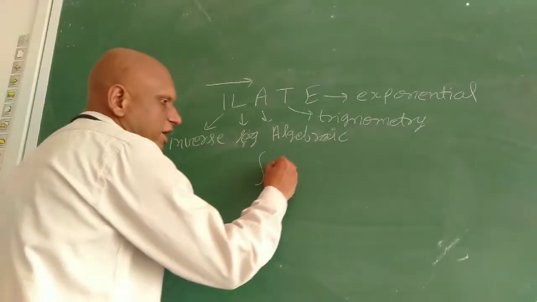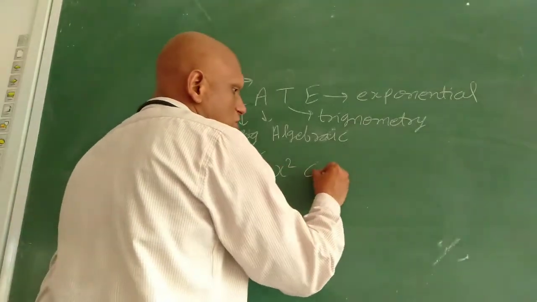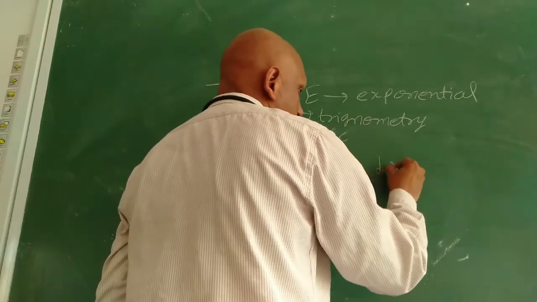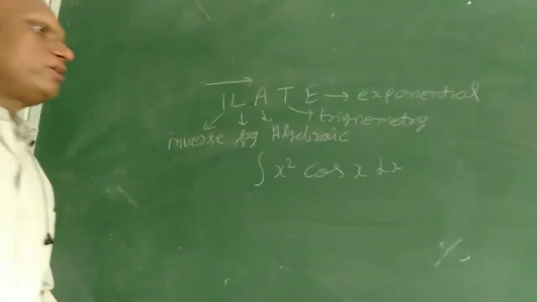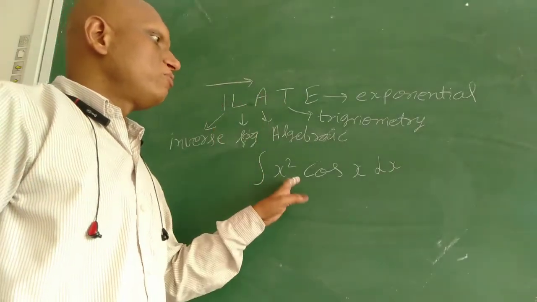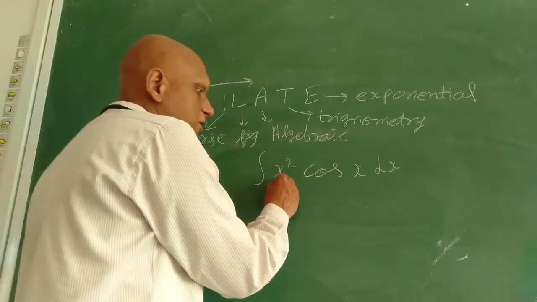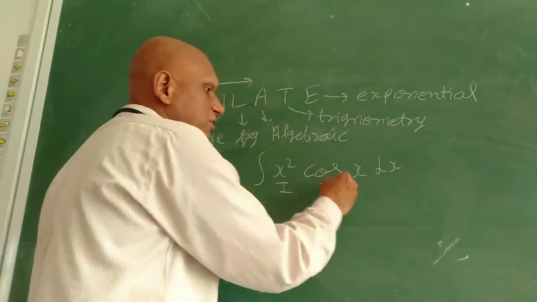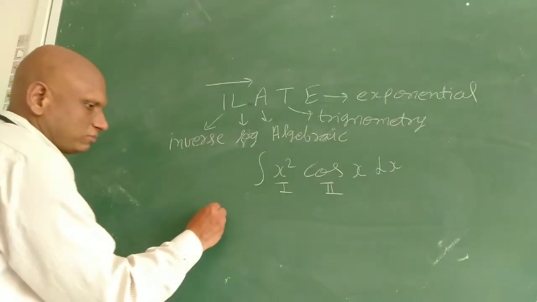Suppose we have the question x square cos x dx. Here trigonometry is on the right side, algebraic on the left side. Therefore, we have to take algebraic as the first function, trigonometry as the second function.